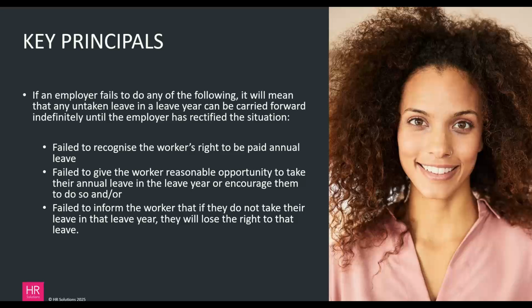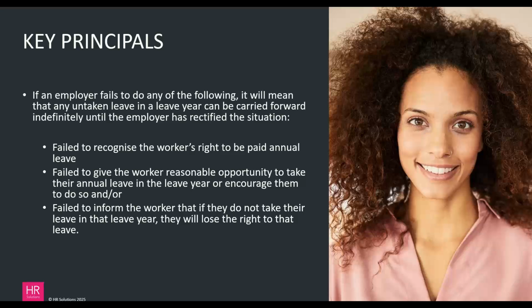And last year, the law changed in that it's, I guess, tightened up on the prevention of underpayment of annual leave. We've seen many case rulings in recent years that illustrate the key principles in how annual leave must be communicated and must be managed.